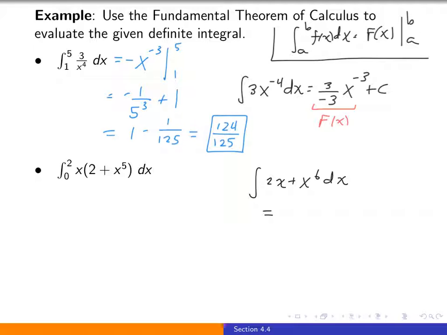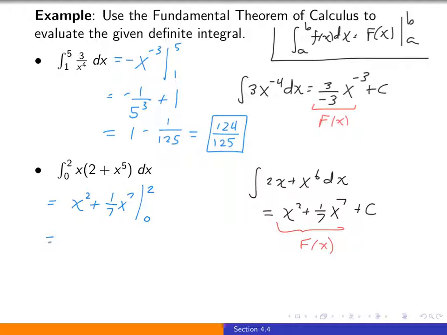And the antiderivative, or in this case indefinite integral, is x squared plus 1/7 x to the 7th plus c. So an antiderivative, the part we need to worry about, the big F of x, is x squared plus 1/7 x to the 7th. So by the fundamental theorem of calculus, we get that function evaluated from 0 to 2.